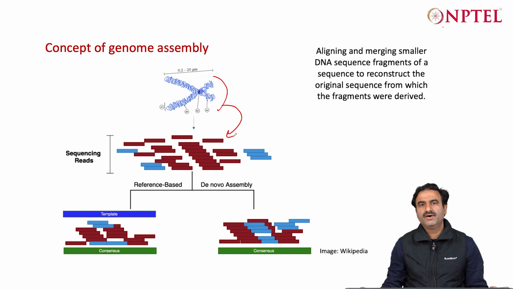Now it could be short read or long read. Earlier it was mostly short read data that used to be assembled, and the contig length or scaffold length was not much, or it was highly disjointed, but still that was the only way, and it is also highly accurate, right?